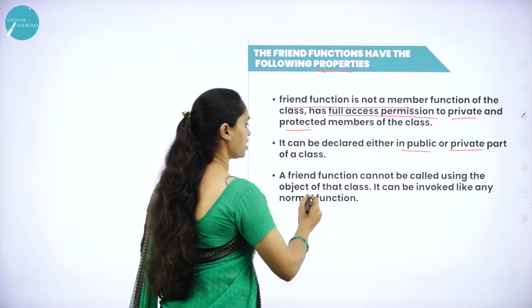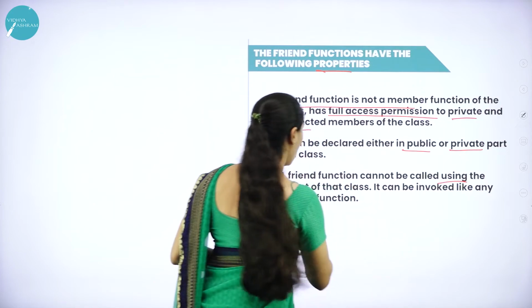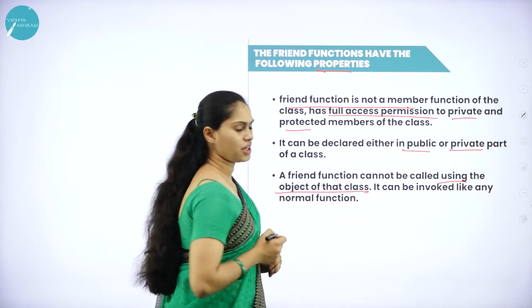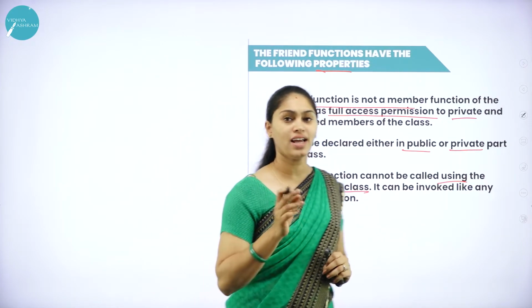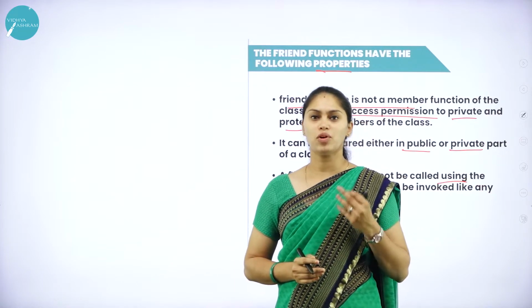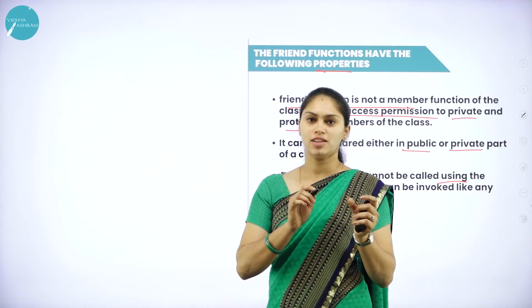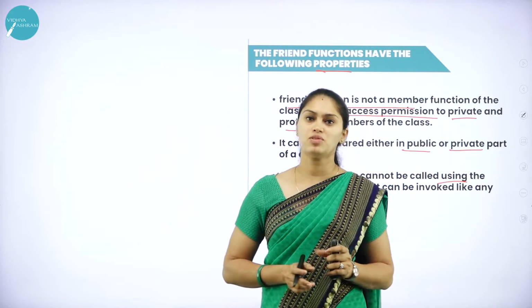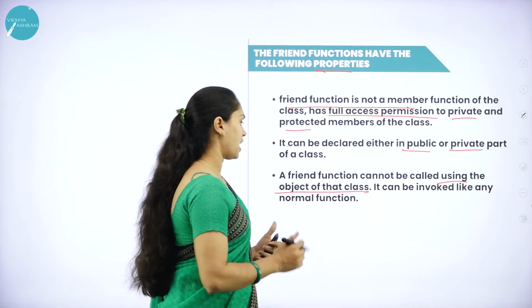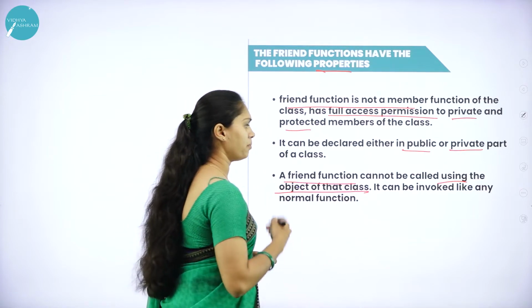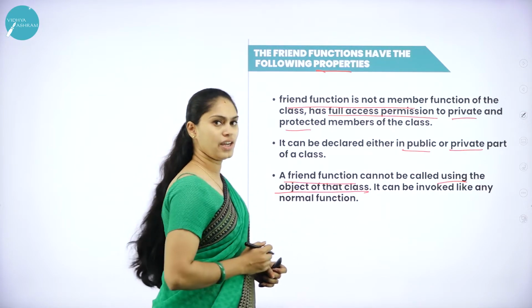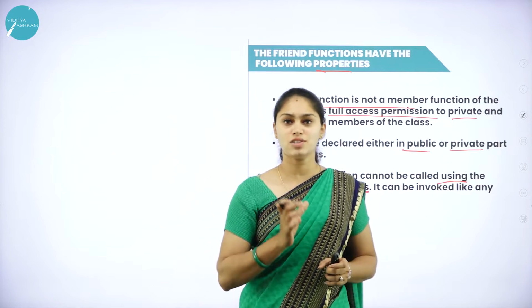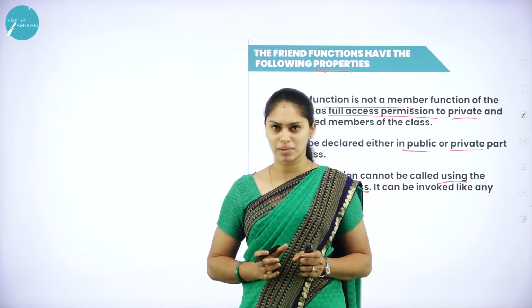Okay, a friend function cannot be called using the object of that class. Very important. If I want to call any member function, I am going to use the object name with the dot operator, then I am going to specify the function name. But when I am using this friend function, a friend function cannot be called using the object of a class, because it is also a non-member of that particular class.